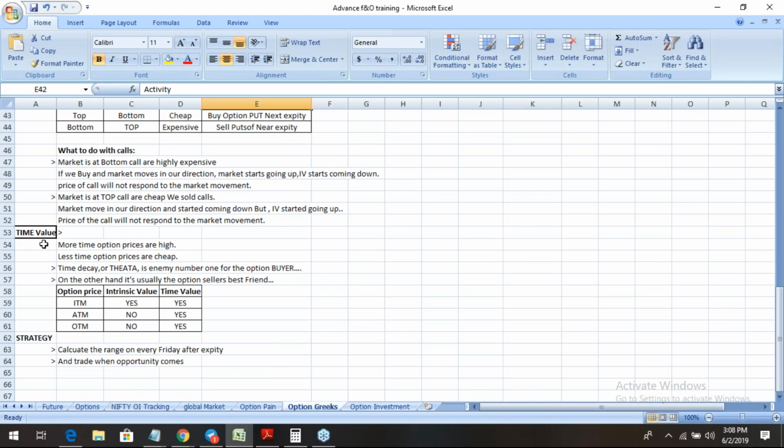So if I'm talking about time value, the more time, the higher the option price. If you have more time, your option price will be high, right? If you have less time, of course your option price is cheap. Who shows time value? Tell me. Who shows the time value?